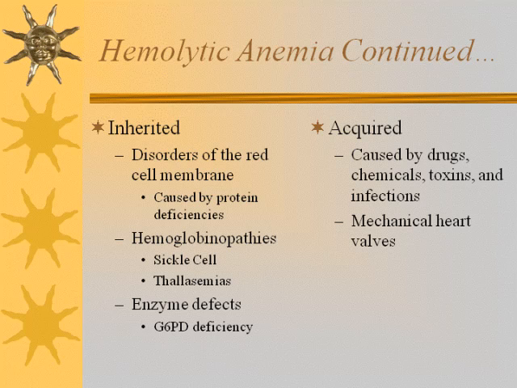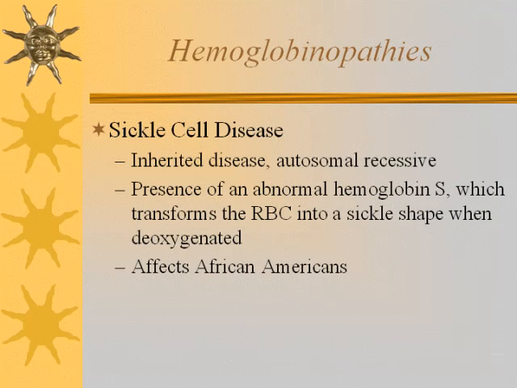When I was pregnant with my child, I had what they call HELLP syndrome, and the H in that stands for hemolysis. Basically, because of the toxins in my body, my body broke down red blood cells, and my H and H was very low. And people who have heart valves put in are at risk for breaking down red blood cells. So let's talk about some of those individually.